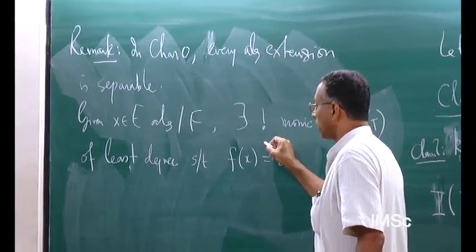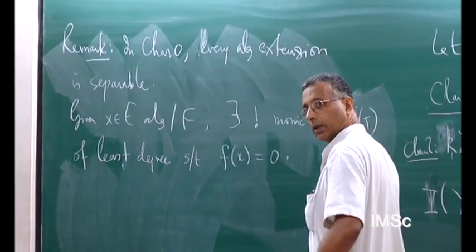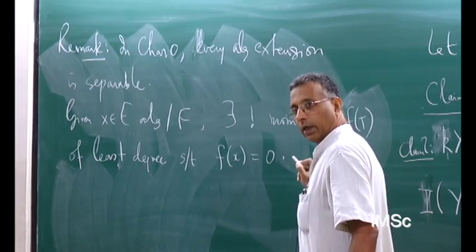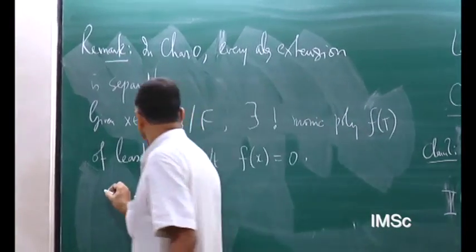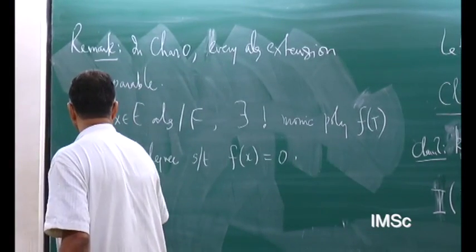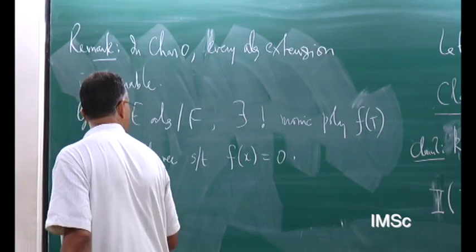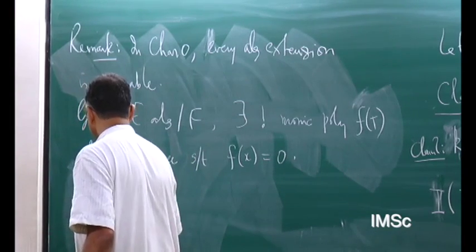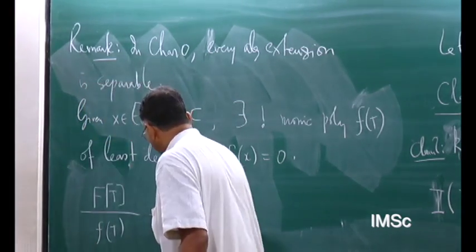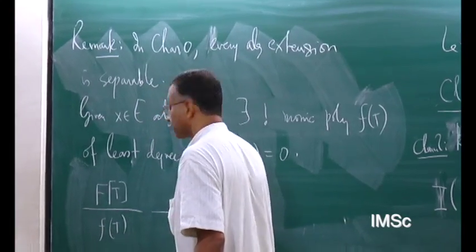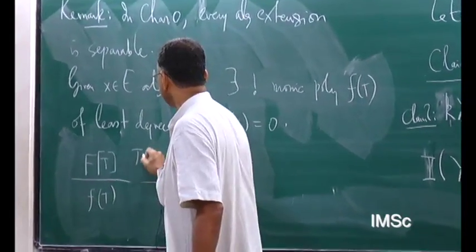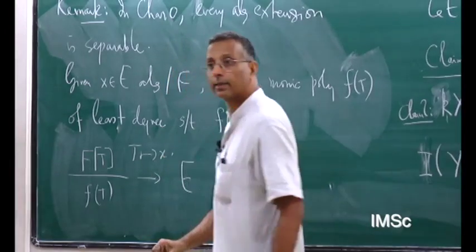As Gautam was saying, this is irreducible. Why is that? Because you have F[t], and you can map that to E by t going to x.